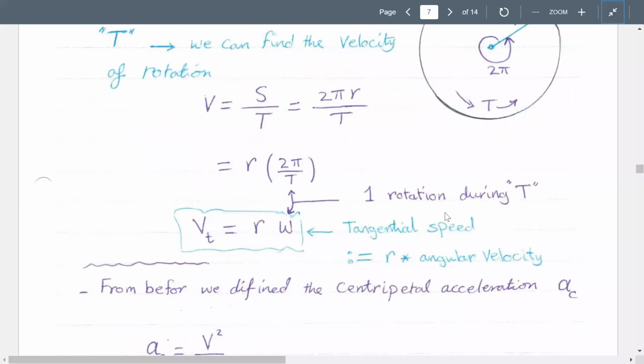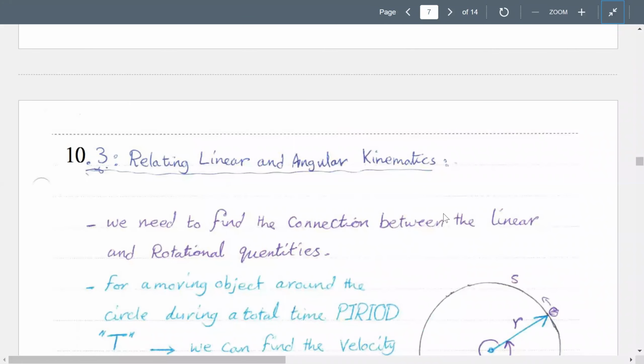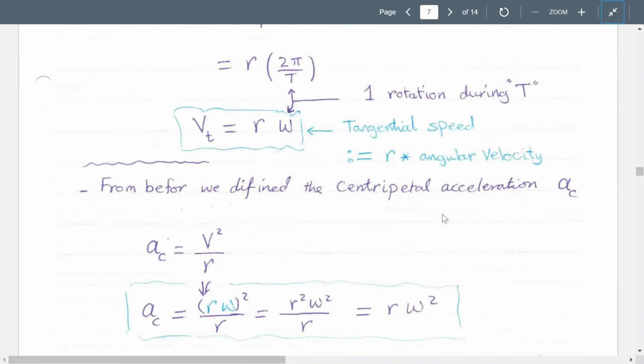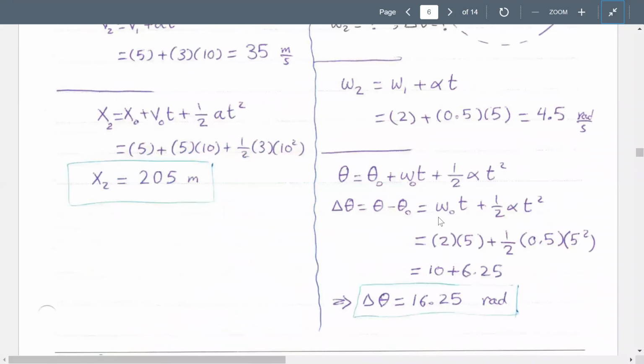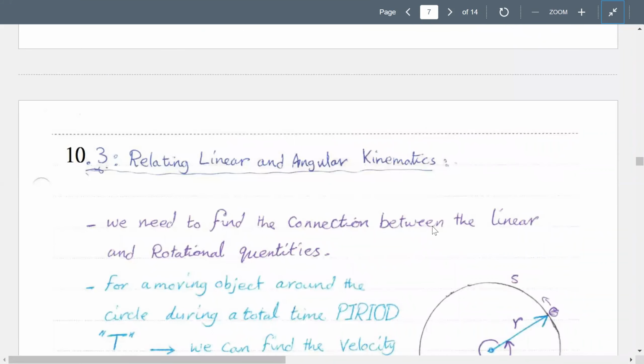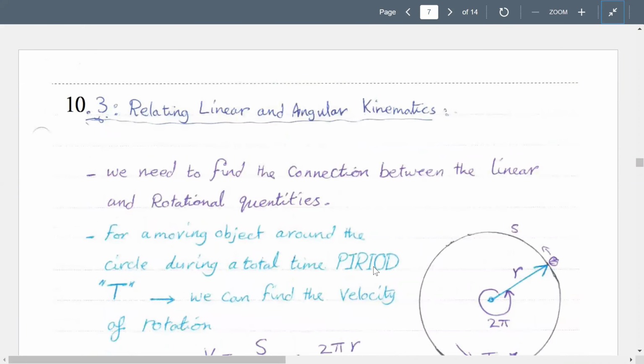Finally, today, I think I will discuss this part, which is: what is the relation between linear and angular kinematics?